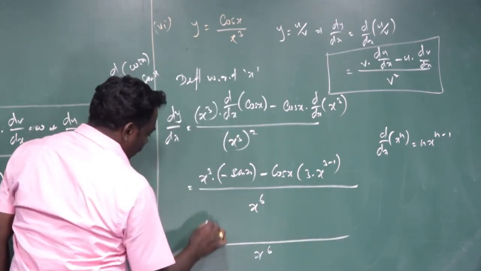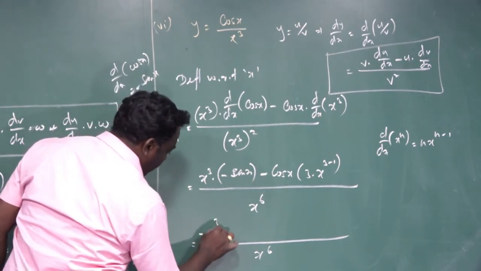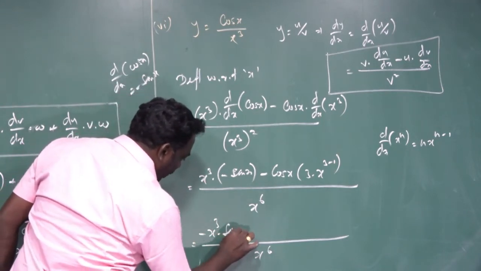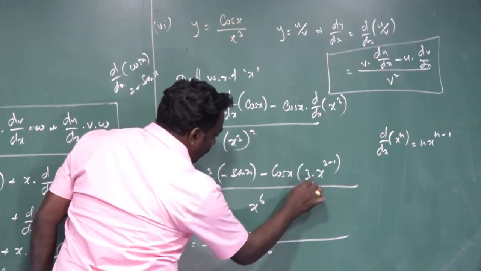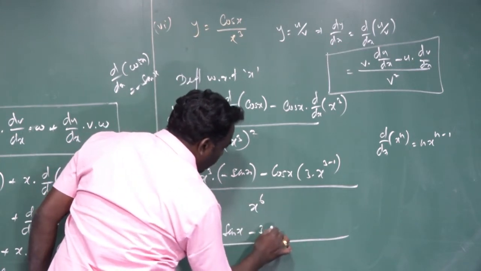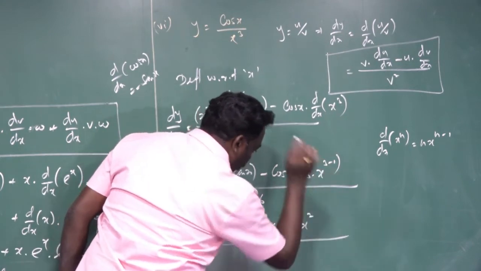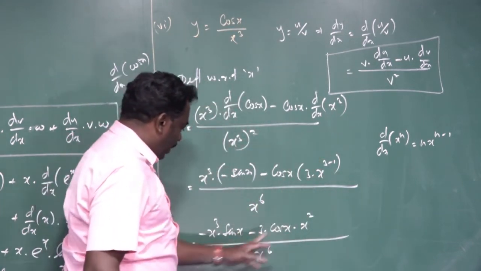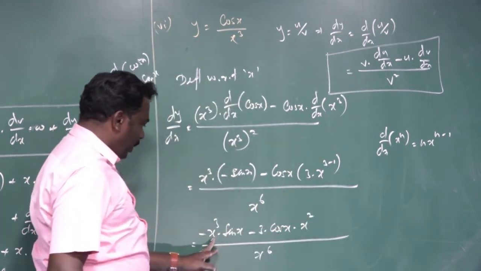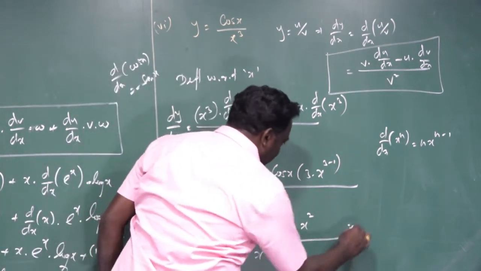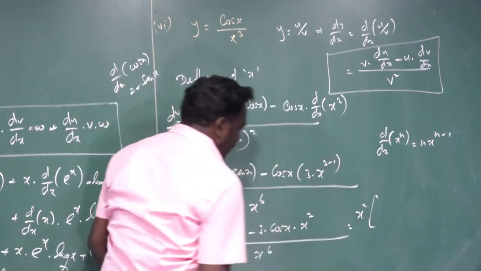Now minus into plus, minus x power 3 into sin x, then 3 into cos x into x power 2. Now in these two terms, x power 2 is common, we can take it out. What is the remaining term?